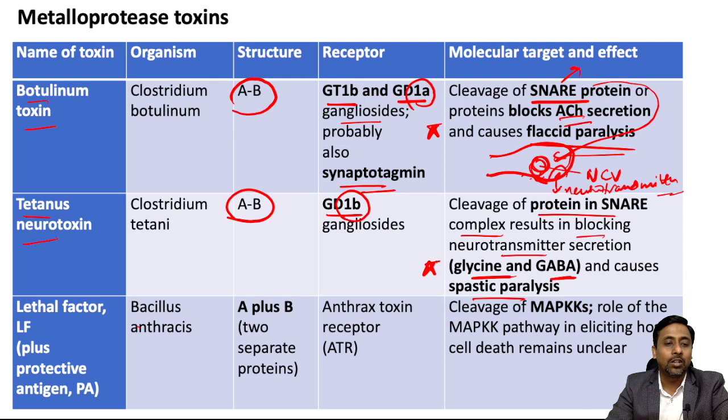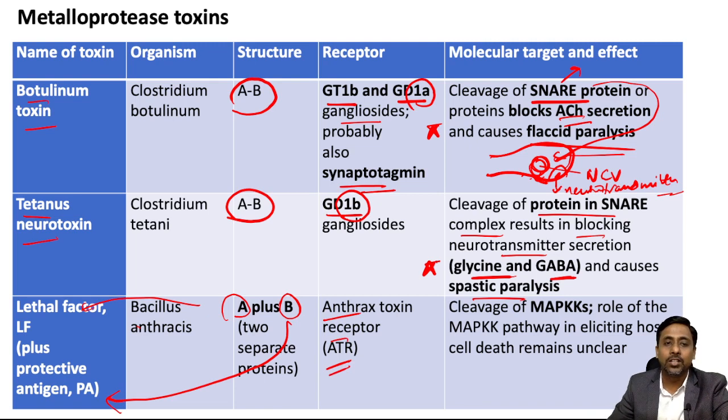So LF along with PA is a metalloprotease toxin, and the structure is again two separate proteins. One is the A, which is the lethal factor, and the second is the B, which is the protective antigen. The receptor is similar to that of the adenylyl cyclase toxin, that is edema factor, the anthrax toxin receptor.